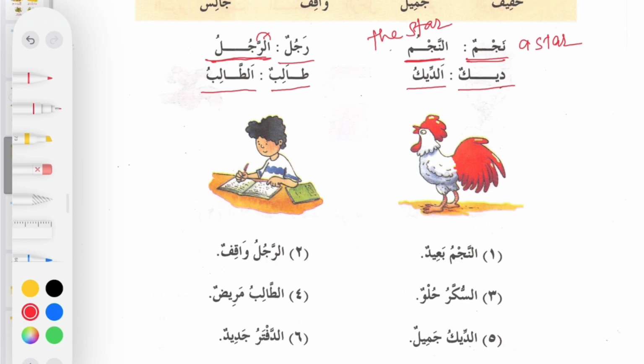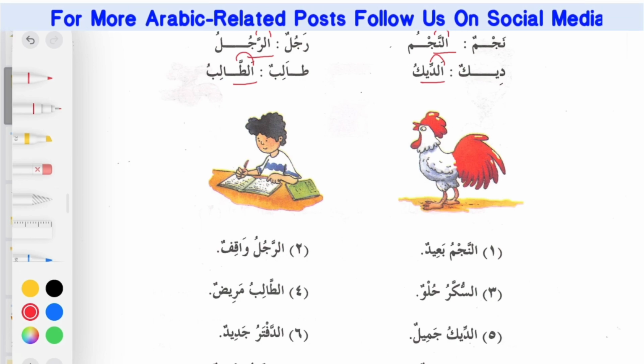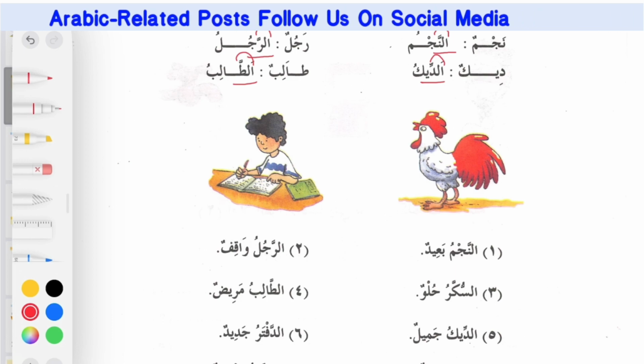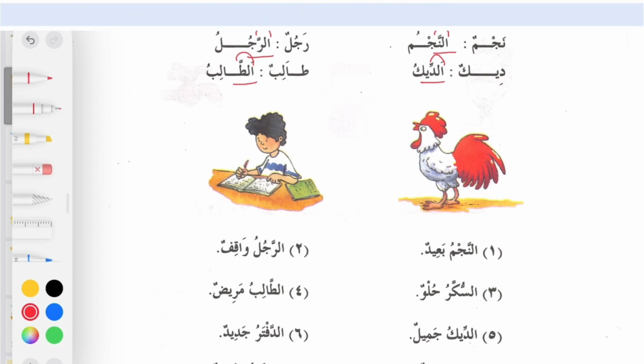At-talibu, the student. Look at these words once again. I read an-najmu, alif with noon. Ar-rajulu, alif with ra. Ad-diku, alif with dal. At-talibu, alif with ta. Why? This is because of the rules of moon letters and sun letters. And inshallah we will read and understand this in this lesson after this portion.